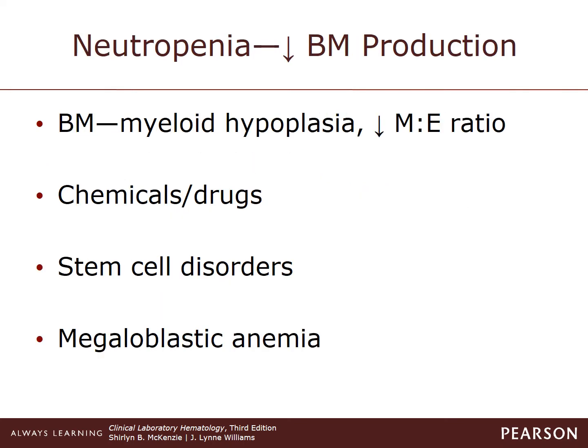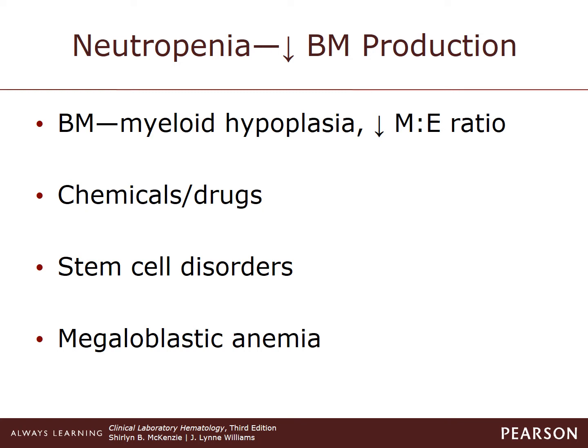So let's talk about the neutropenic causes caused by decreased bone marrow production. In this case, the bone marrow normally has a myeloid to erythroid ratio of 3 to 1. So you have 3 myeloid cells to 1 erythroid cell within the bone marrow.